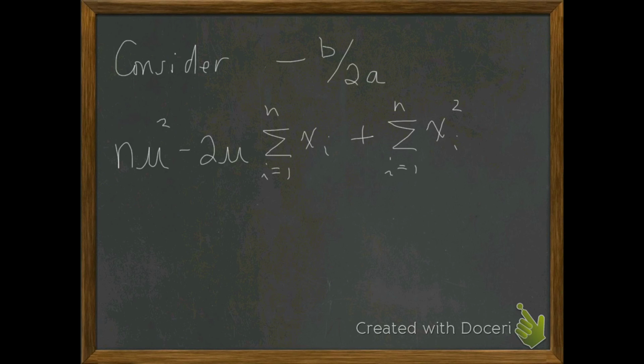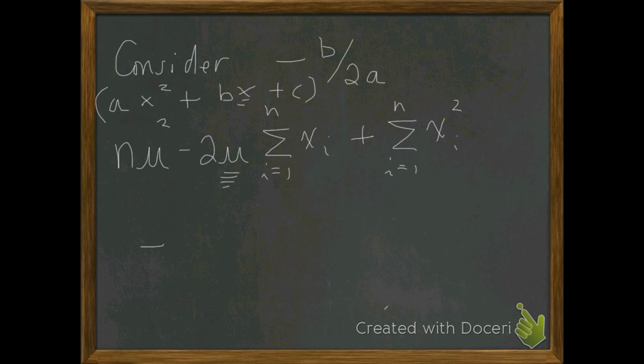All right. So our negative b, again, this is ax squared plus bx plus c. So our negative b would be, and again, you got to think about this mu. This is equivalent to our x.